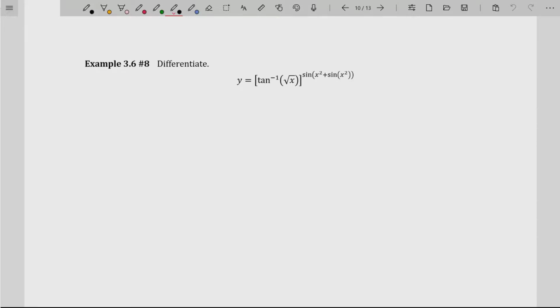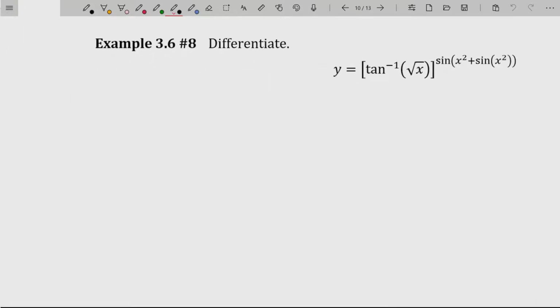I'll start by taking the natural log of both sides. So I have the natural log of y. The reason why, remember, is because I want to unlock this exponent. So the natural log of y will equal the natural log of the tangent inverse of x raised to that ugly power.